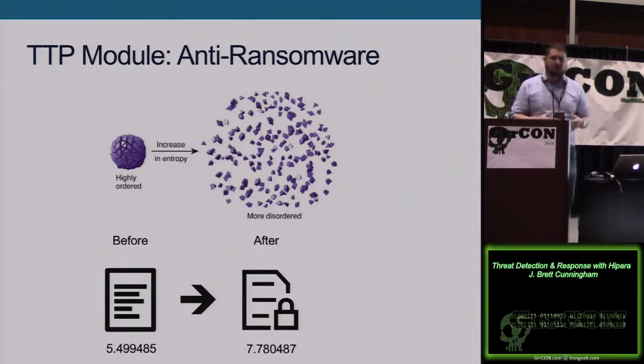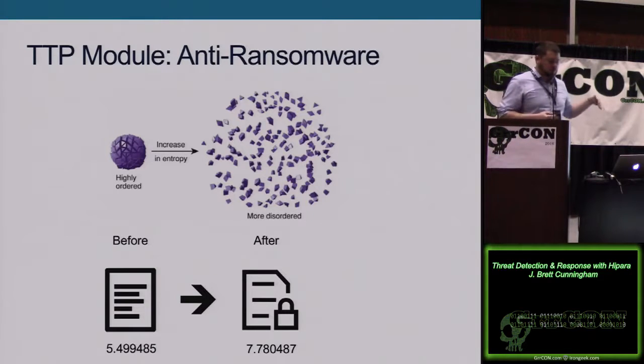Once you encrypt a file or compress it, the entropy value goes way up because the randomness goes way up. That's how encryption works. That's how compression works. They try and take repeated bits away, at least for compression.